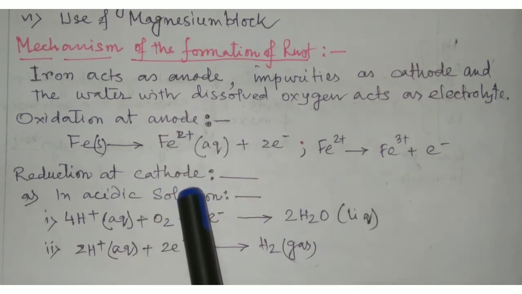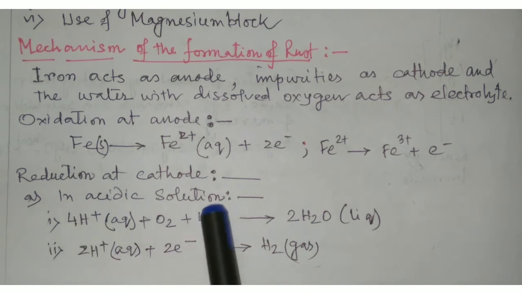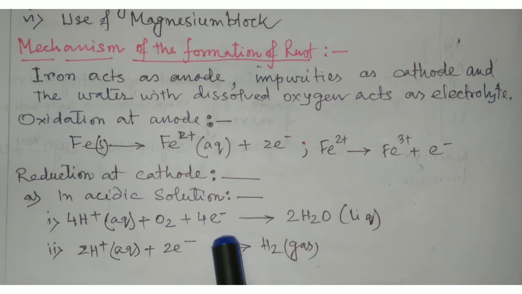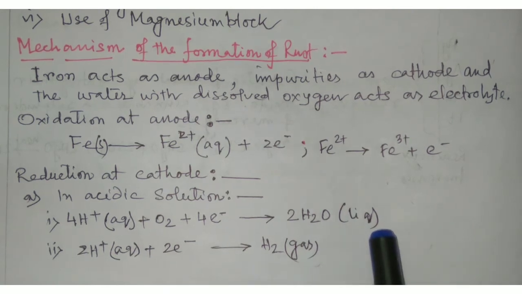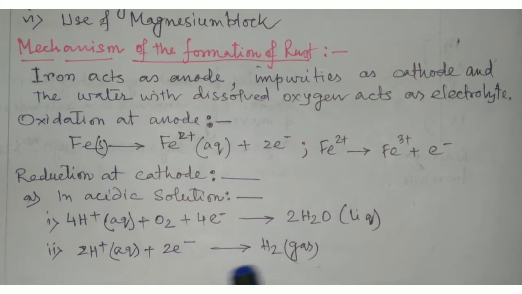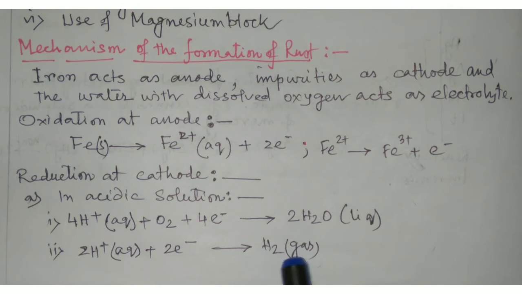And reduction at cathode, in acidic solution, 4H+(aq) plus O2 plus 4e- equals 2H2O(l), and the second reaction is 2H+(aq) plus 2e- becomes H2 gas.